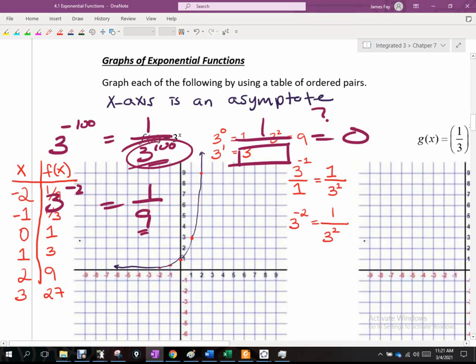You ever heard that word before? An asymptote. Okay, good. So an asymptote is a line on a graph which your graph approaches but never touches. Does that make sense?